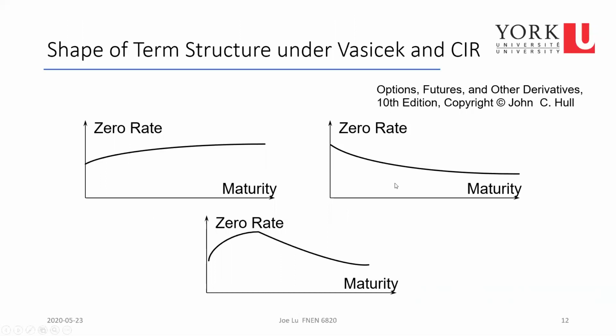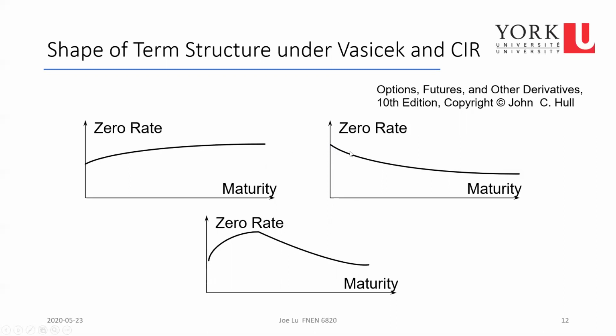If you look at the term structure of interest rates under Vasicek, they actually have pretty good shapes. So there is flexibility. This is basically an upward sloping term structure of interest rates, which is something we typically observe.